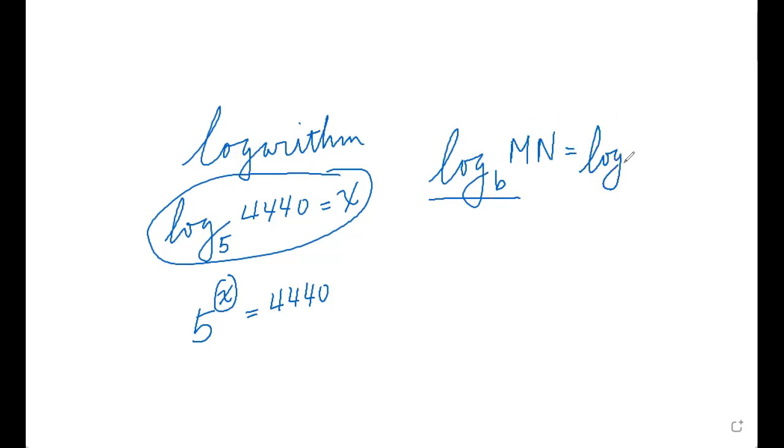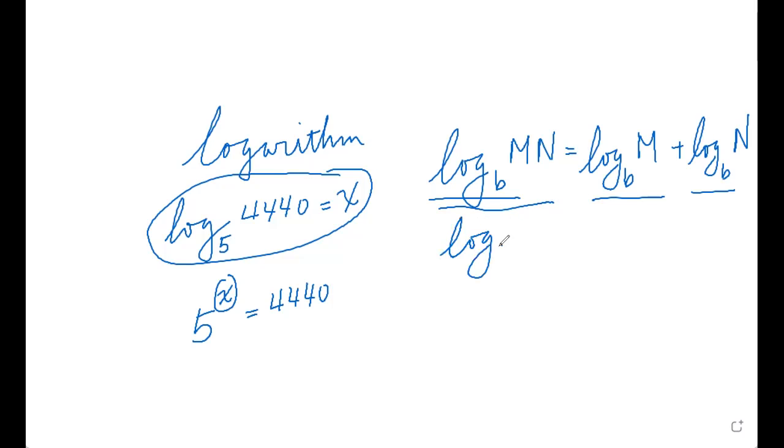So that's why you can actually add, this is the exponent of m, and this is the exponent base b of n. So when you add the exponent, it's the same as multiplying the variable with exponents.